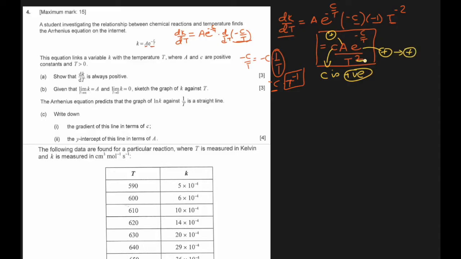T square is a square number, no matter, though they have said that time is greater than 0. That means time is already positive. So the square will also be positive. So we can say that each part of dk over dt is positive.